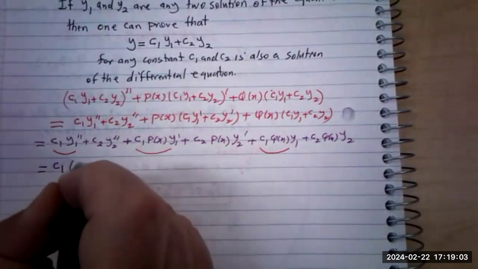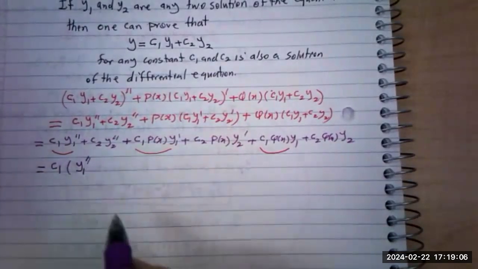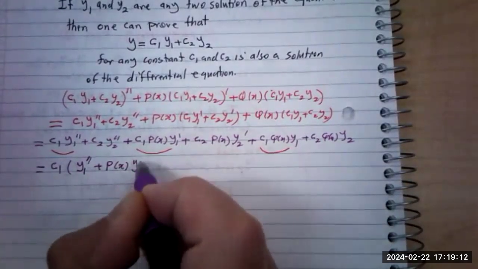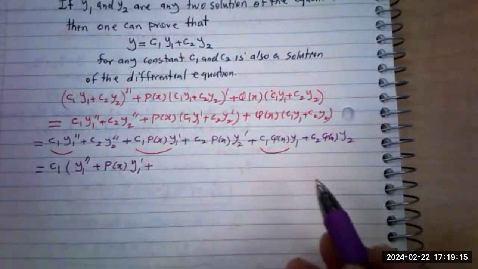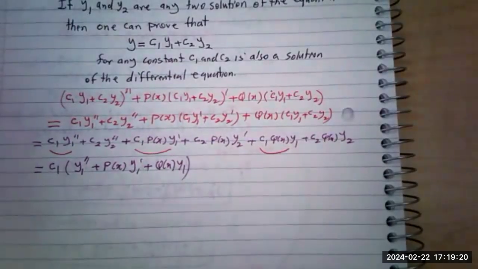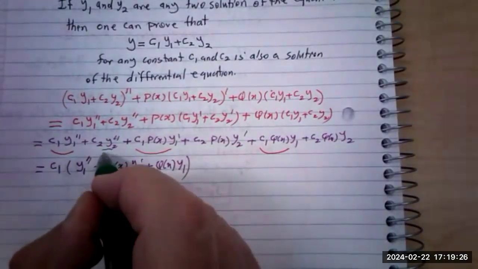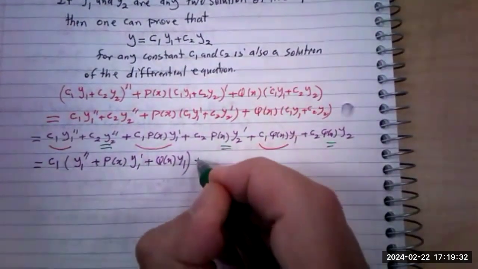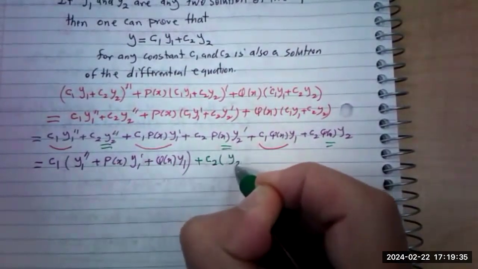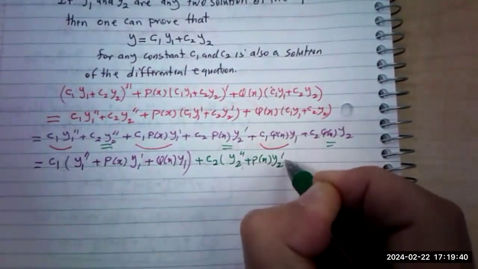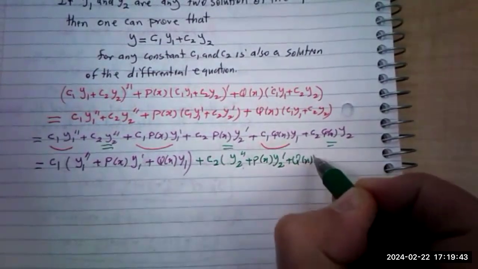It's going to be C1 times (y1 double prime plus P of x y1 prime plus Q of x times y1). That's the first group. Now what's going to be the second one? Take out C2. It's going to be C2 times (y2 double prime plus P of x y2 prime plus Q of x y2).